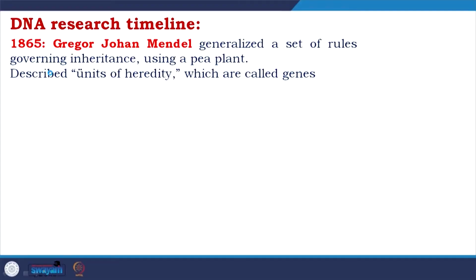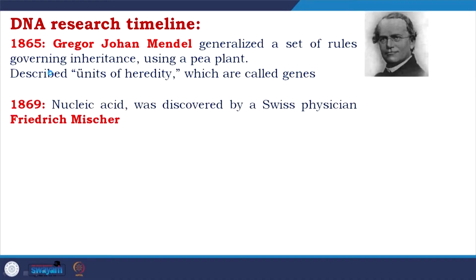So, the first DNA research breakthrough was in 1865 with Gregor Johann Mendel. We know he is called the father of genetics, and using peas he did extensive hybridization and developed the basic laws of genetics.